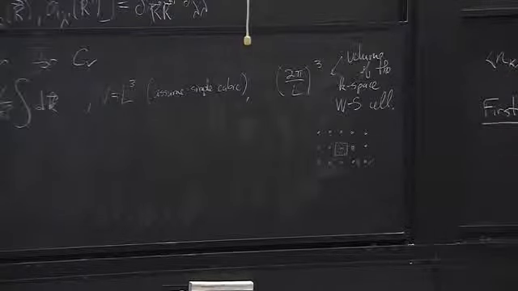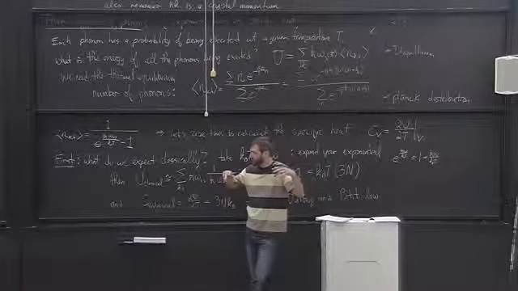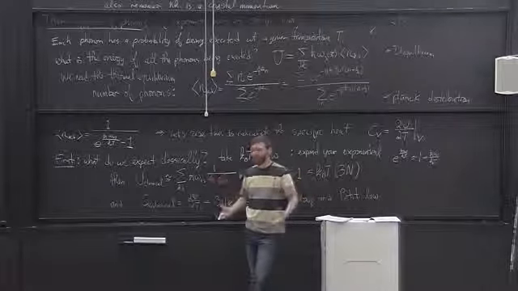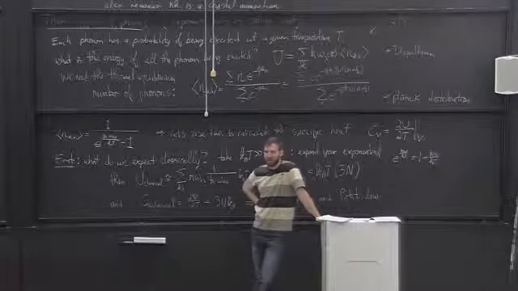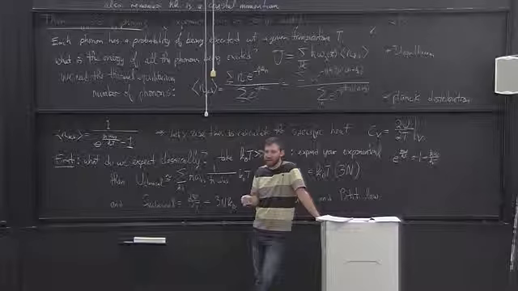Here, to justify going from a sum to an integral, you're considering the short wavelength limit, right? So what you're considering here is the limit where you have a macroscopic or a massive number of particles. So the resolution of your Brillouin zone is very fine, so your n is very large.